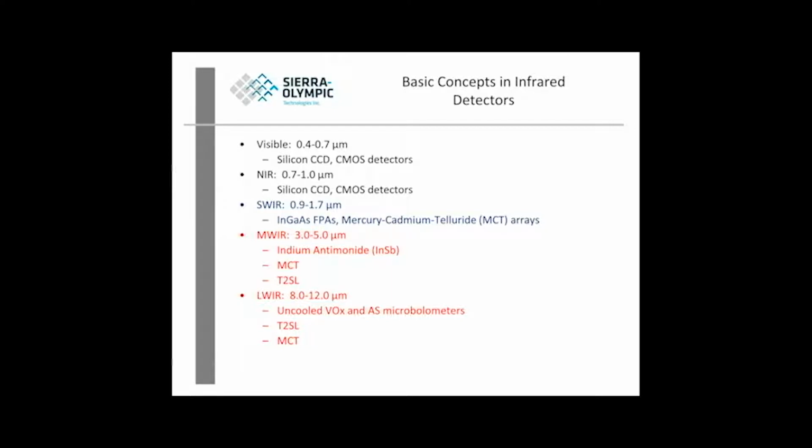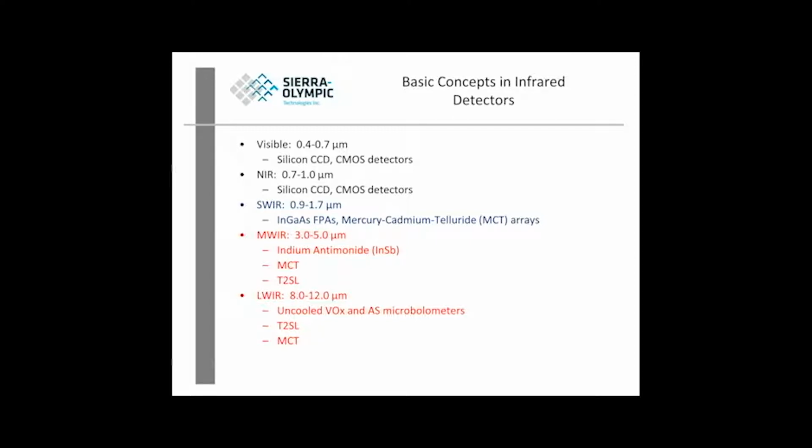So the scales are just entirely different, and that's why the visible world, the imaging world that our eyes see, has so much variety and rapid change, and it's just full of options. And as you go down this list, things get harder and harder because the materials are different, they're expensive, and the optics that you have to use are entirely different from what you have in the visible world.